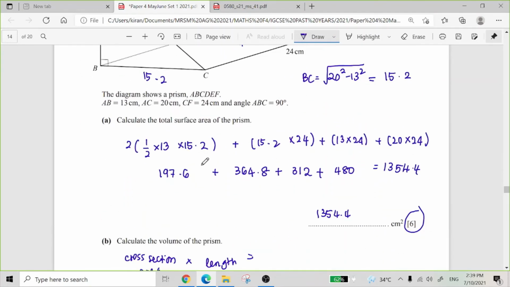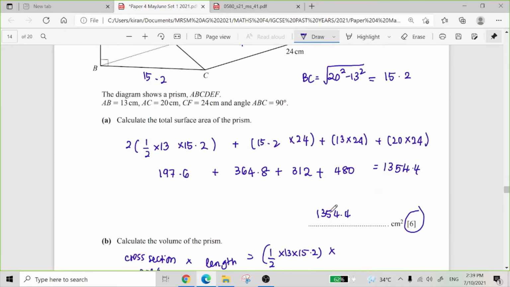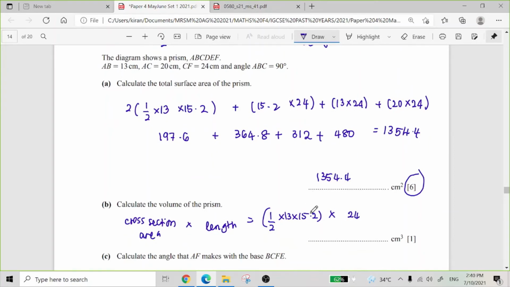So 1/2 times 13 times 15.2, and then we times with the length. The length here is 24. So we get 13 times 15.2, divided by 2, and then times 24, and the answer would be 2371.2.